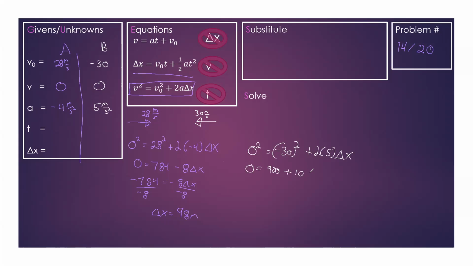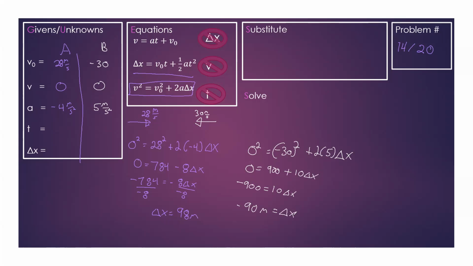I didn't actually have to change the signs here. I did because I was going to do it another way, but it's all good. All right, so subtract the 900. 10 delta x, divide both sides by 10, and this is -90 meters. So it travels 90 meters to the left.